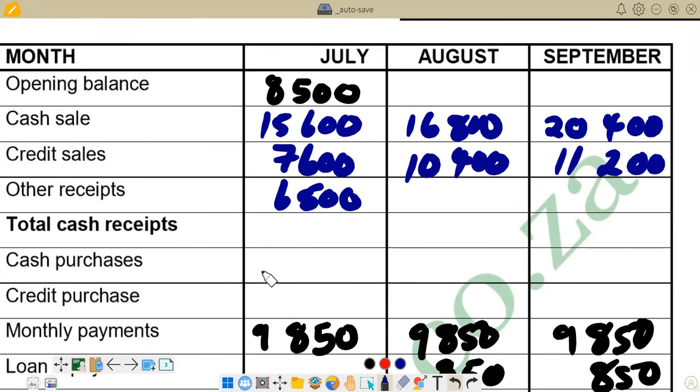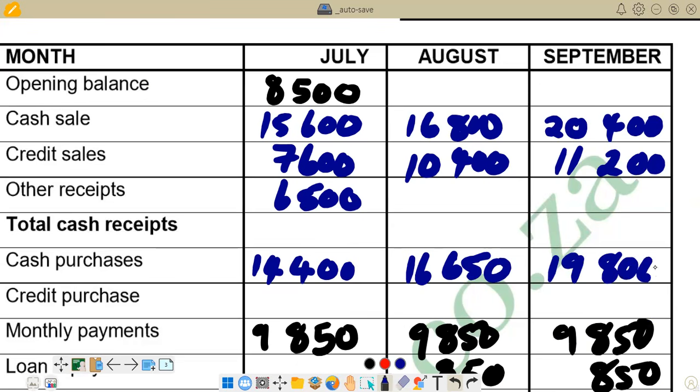So we are going to say 14,400 here. Then we go to the next one. We got 16,650. Then we go to the next one. You are going to get 19,800. Right. That's what we have there.